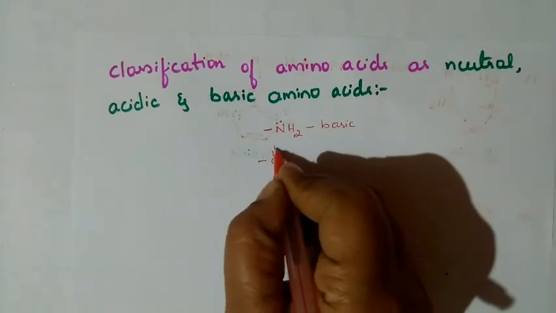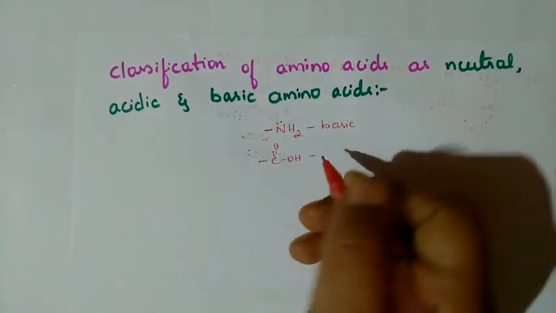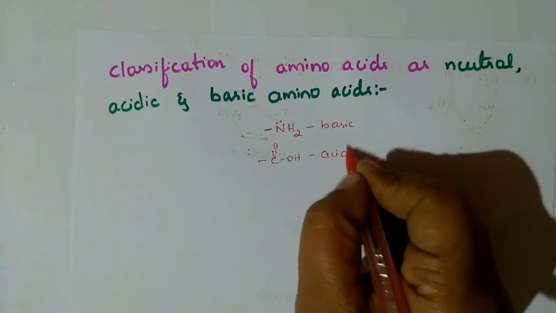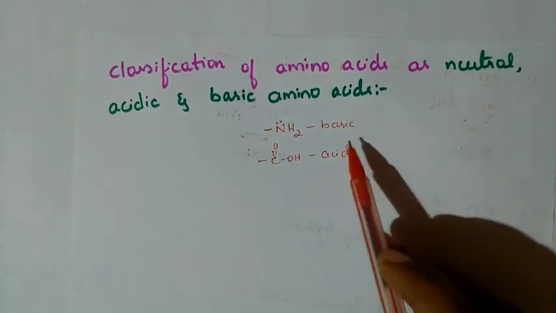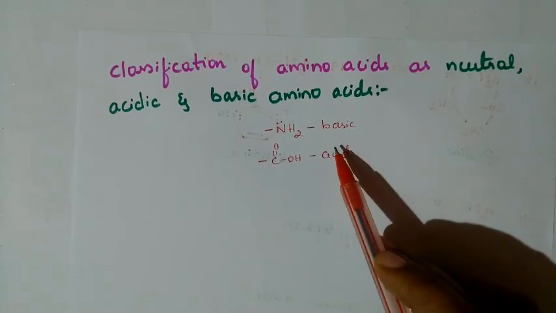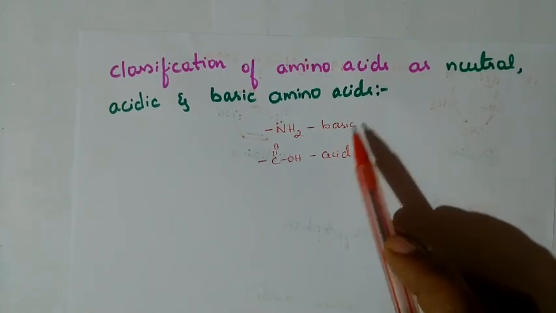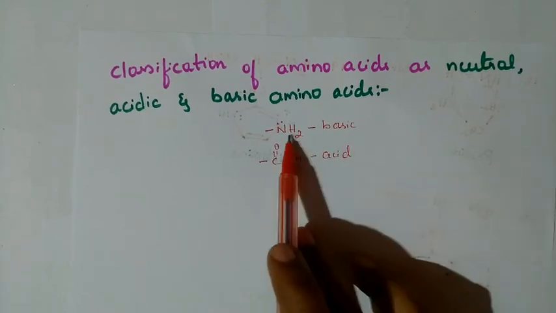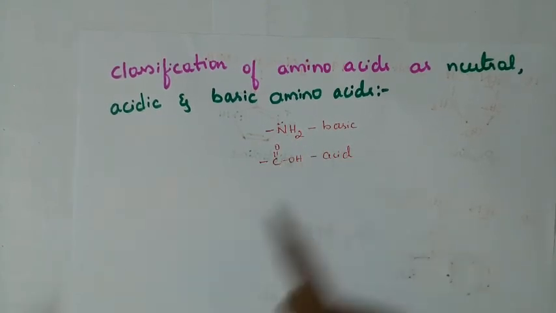And the COOH group is the acid group. So this is the base group and this is the acid group. Both are present in the alpha amino acid.